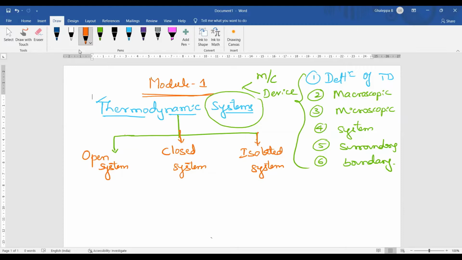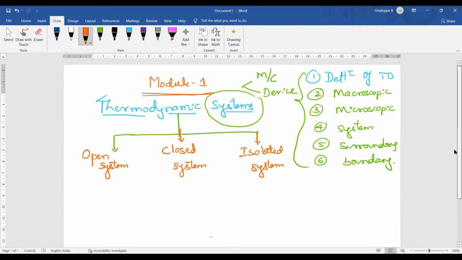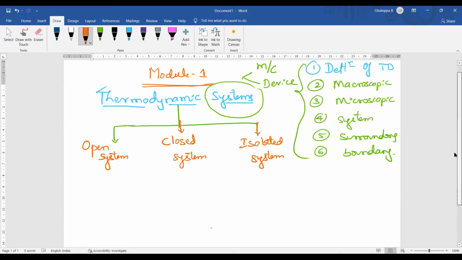How they will ask in the exam is: define thermodynamic system and classify with examples. Or else they will give some examples, five to six examples, like 1, 2, 3, 4, 5, 6. Out of six examples, you need to classify or categorize how many open systems are there, how many closed systems, and how many isolated systems.